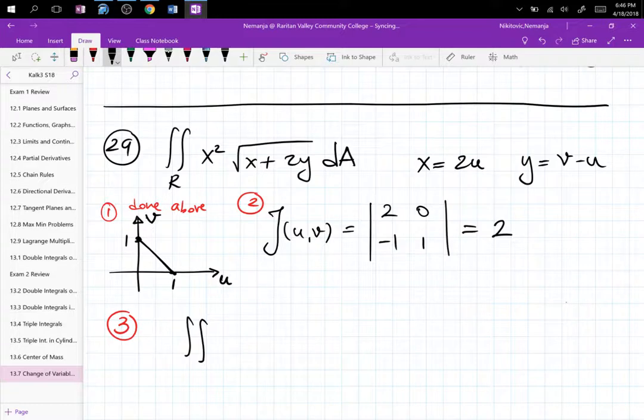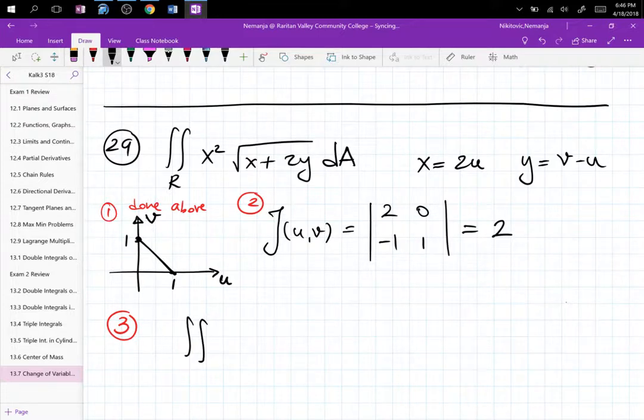We have a double integral over this new region, and look at that. Now we have to replace all of these things with our substitutions.